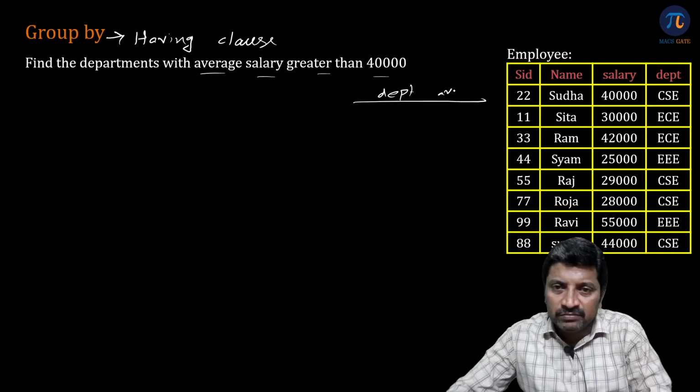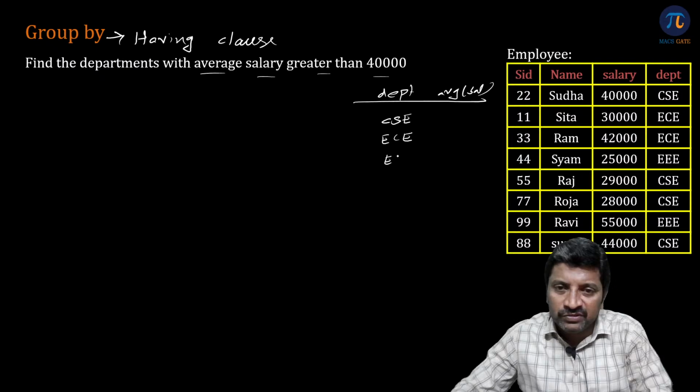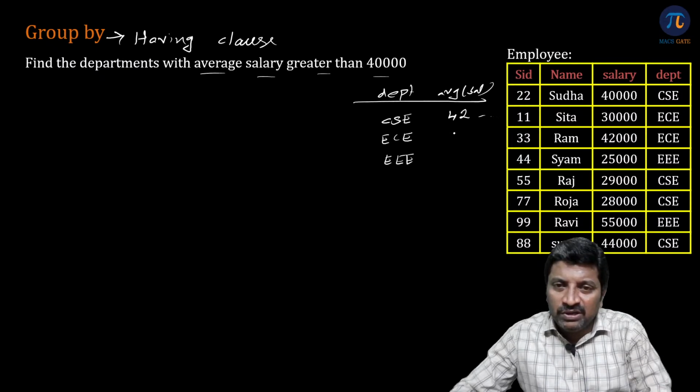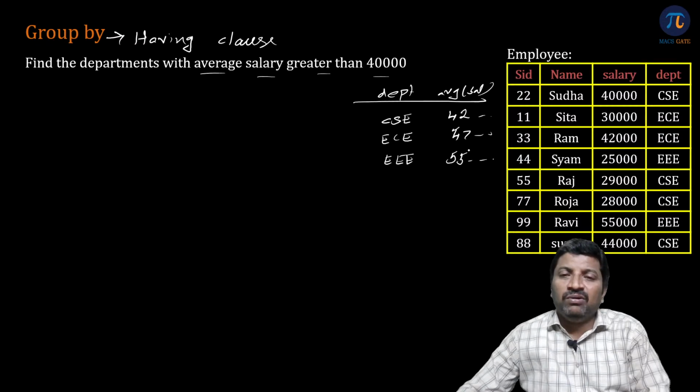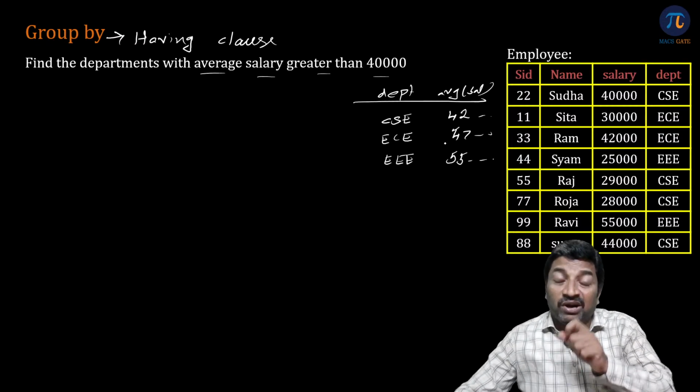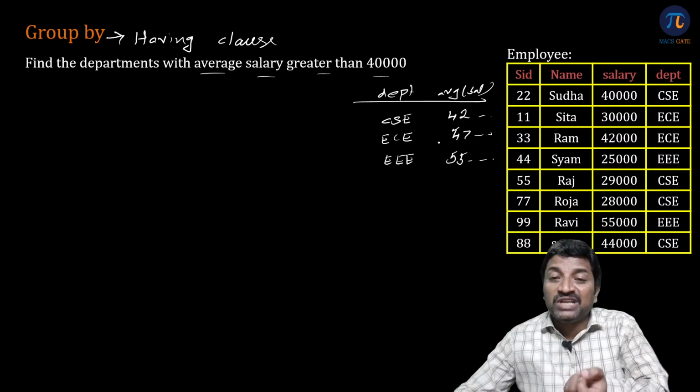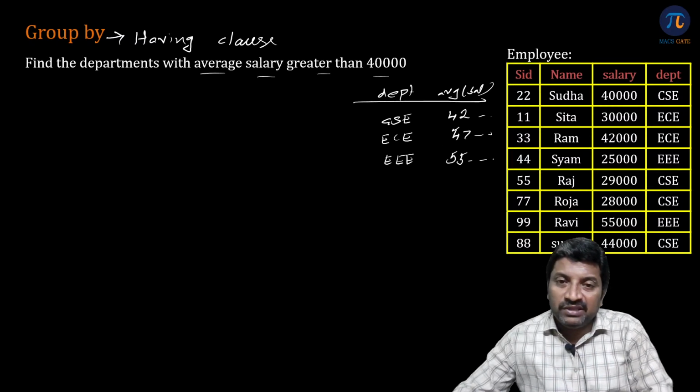Department, average of salary. Suppose I have CSE, ECE, and so on. Let us assume this is some 42,000, this is some 47,000, this is some 55,000. Now I want only the departments whose average is greater than 45. Then I don't want this one. I want only the remaining two.